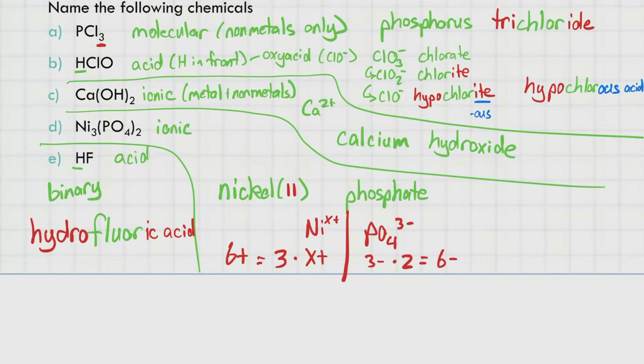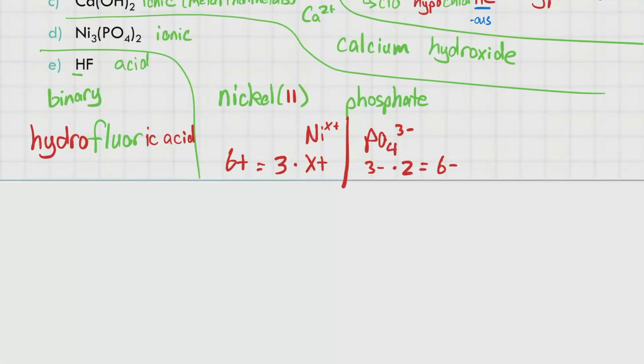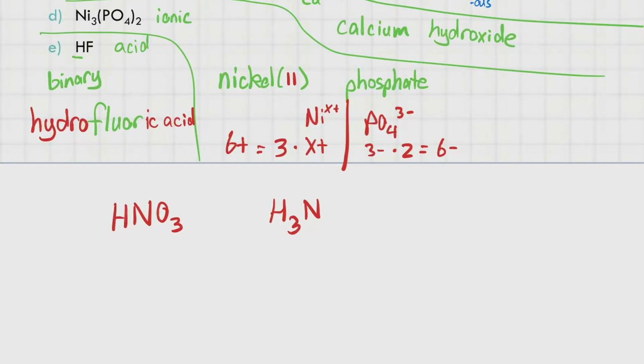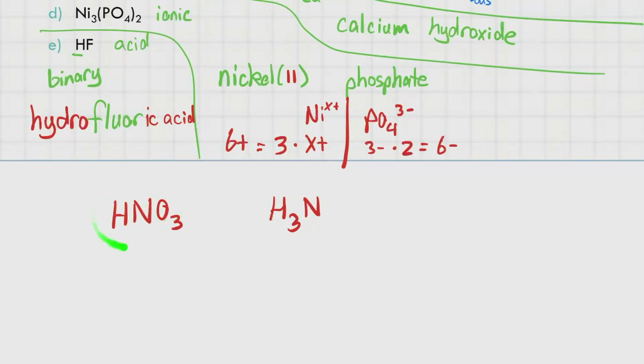And I mentioned that I wanted to show you why that hydro prefix is important. So let's imagine that we've got HNO3 and we've got an acid that's just a binary with nitrogen. We already did HNO3. NO3 minus is nitrate. So this would be nitric acid.